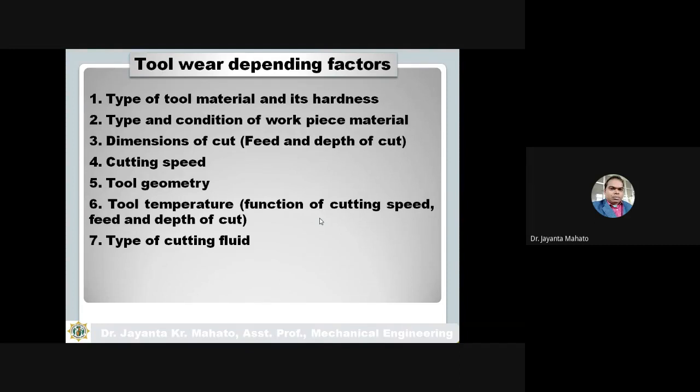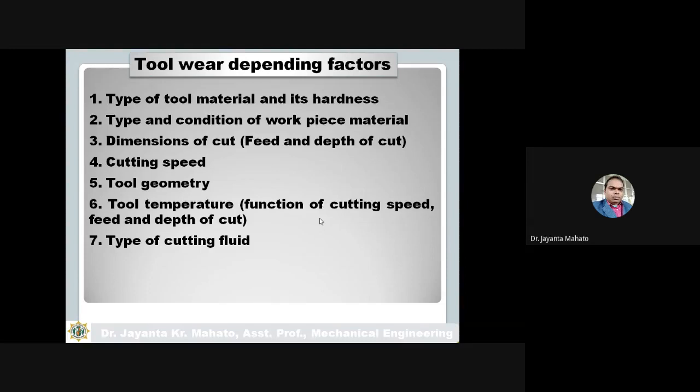Okay, and then negative rake angle, so in this case the chip is not removed easily. So means what type of tool geometry, means how much angle are you giving? Okay, so the tool wear also depends on this tool geometry.